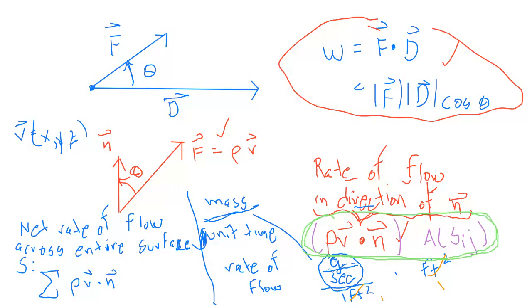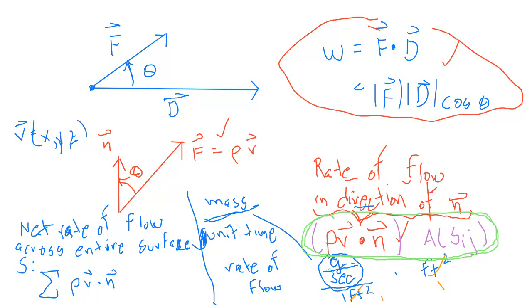So to get the net rate of flow across the entire surface S, you would have to add up.